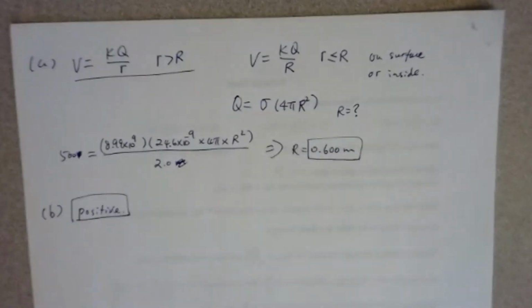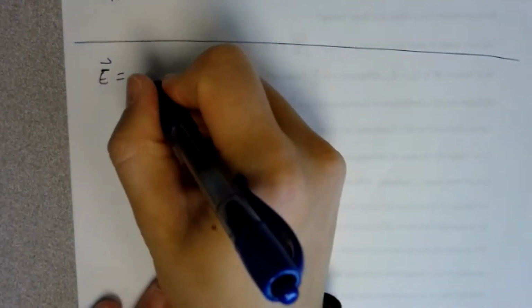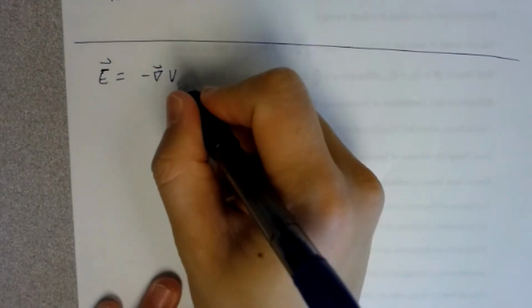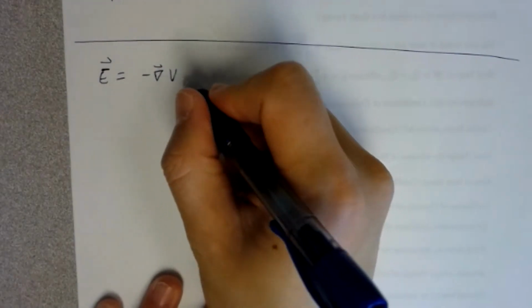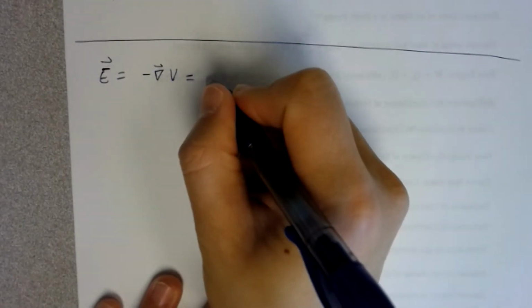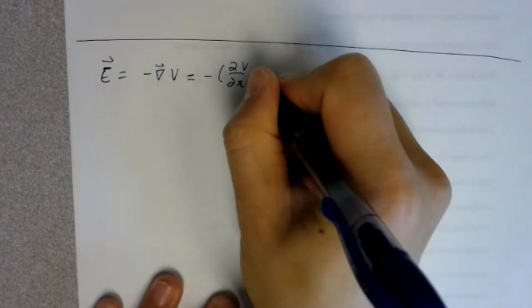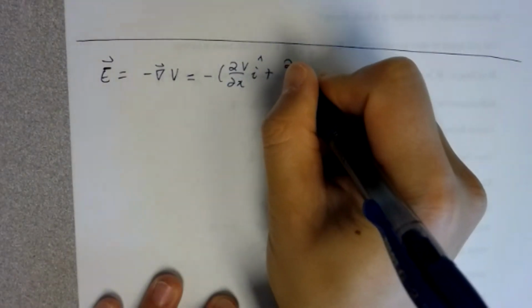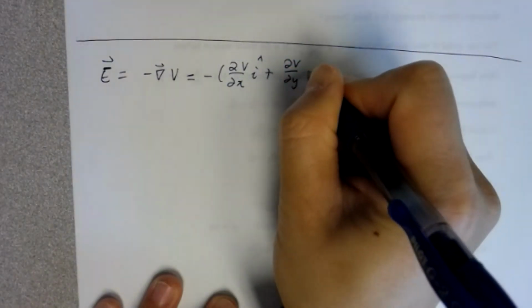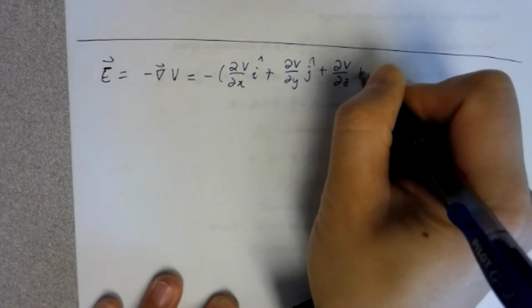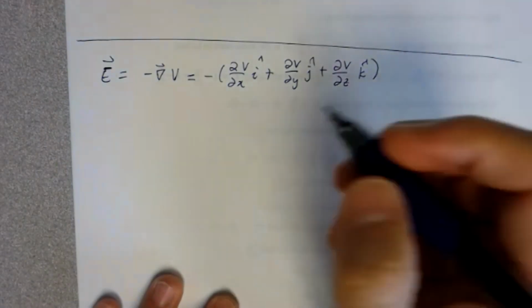In this case, your E as a vector is going to be minus the gradient of your V. V is a scalar, so this is a gradient. So there'll be minus of partial V over partial x in the i direction, plus partial V over partial y in the j direction, plus partial V over partial z in the k direction.